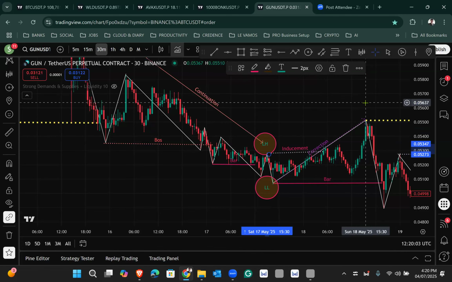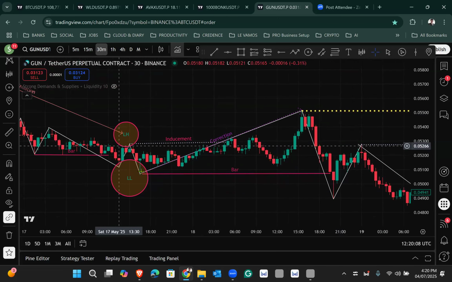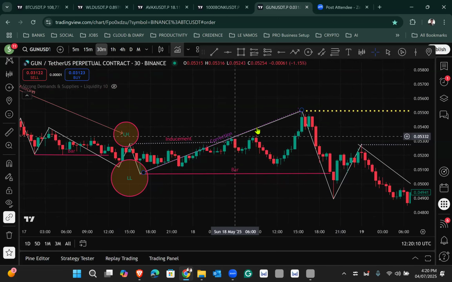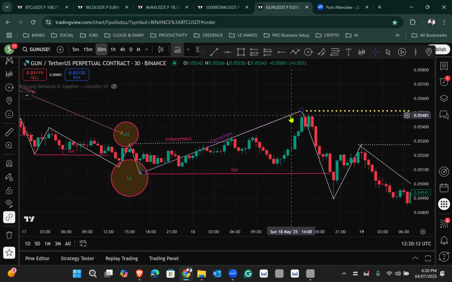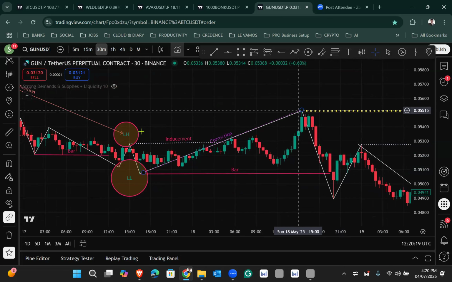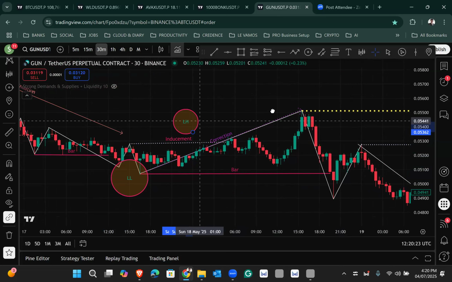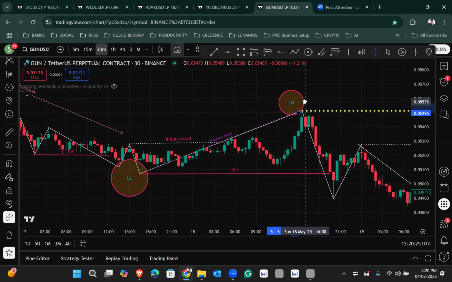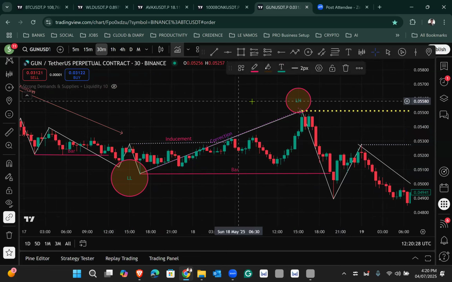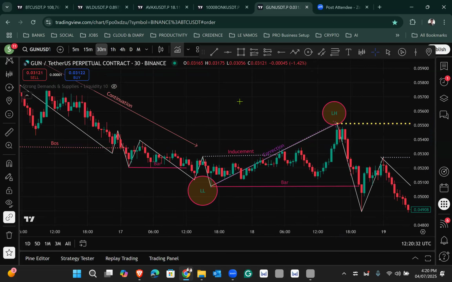That's the inducement. Yeah, here this is the inducement. So the end of the correction, that's where the lower high will be. Okay, the end of the correction is here. Okay, so the end of the correction is the lower high. Yes, that is true.